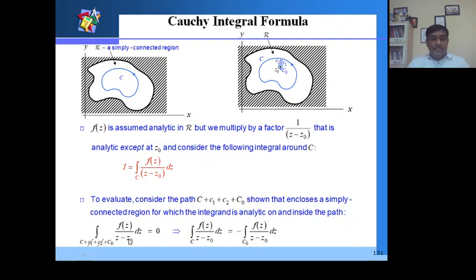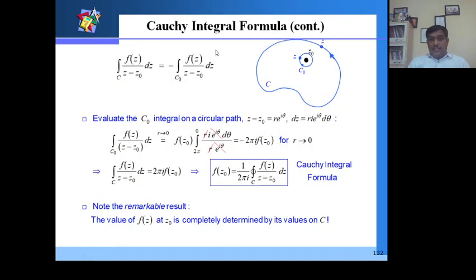Of f of z divided by z minus z naught dz is equal to 0. This implies, if you transfer that, it becomes a minus sign: minus the integral of f of z divided by z minus z naught. Here C naught is a circle. It is known that z minus z naught is equal to r e power i theta, so we can utilize that formula.